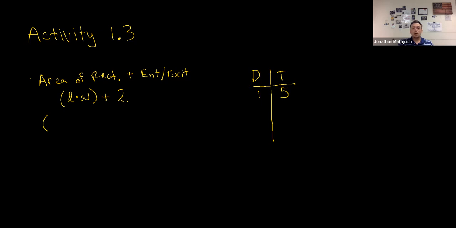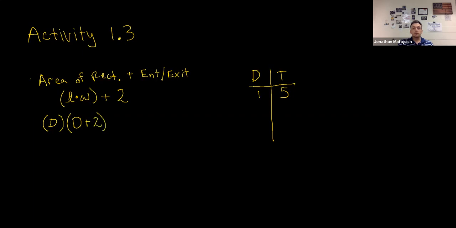I'm just going to replace L with D for design, okay? And then what do I need to multiply it by? So it gets a little bit complicated maybe. So the width was always 2 more than the design. So I'm actually going to write this like this. I've got my design number, and I'm going to add 2.